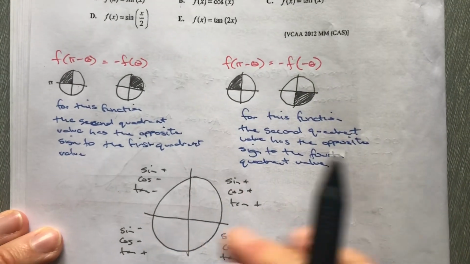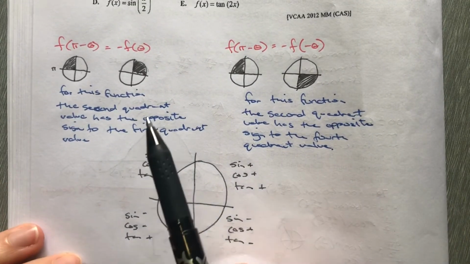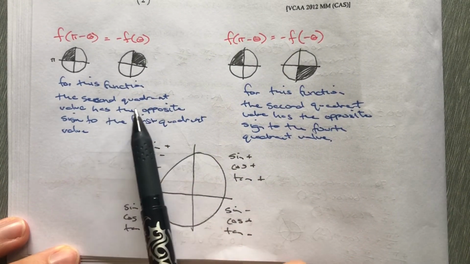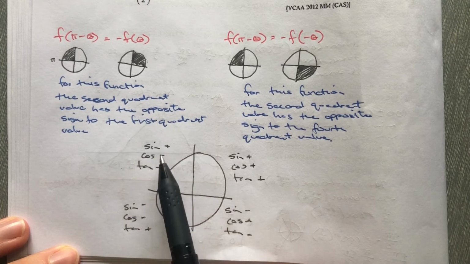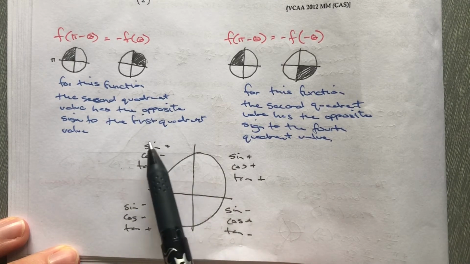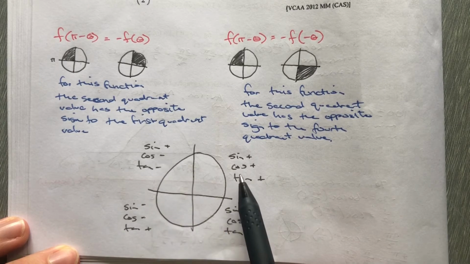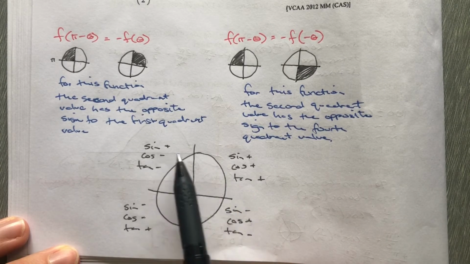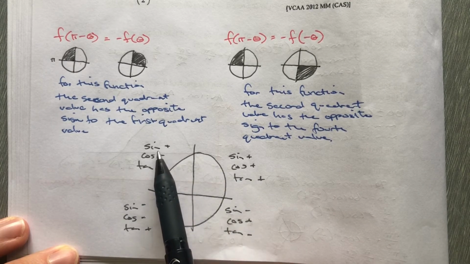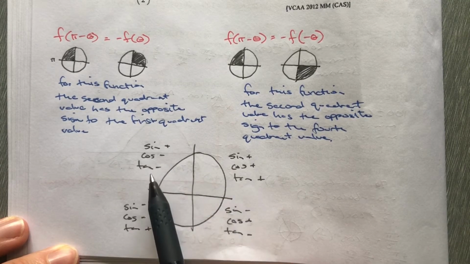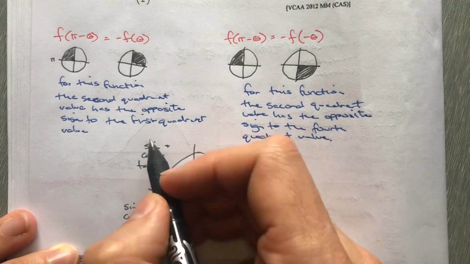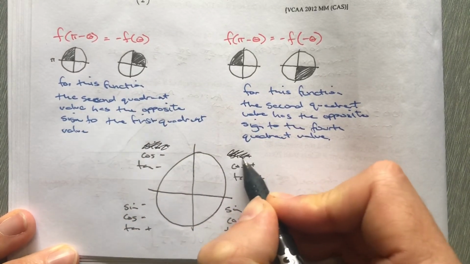Okay, now let's look back at these sentences here. For this function, the second quadrant value has the opposite sign to the first quadrant value. We're looking at the second quadrant values first. Which ones have the opposite sign? Sine doesn't have the opposite sign, so that's no good. Cos and tan have the opposite sign, so it could be one of those. I'm going to cross sine out for now.